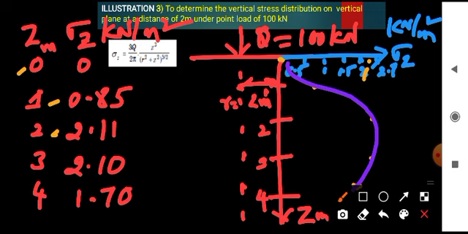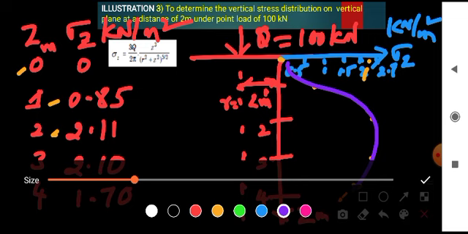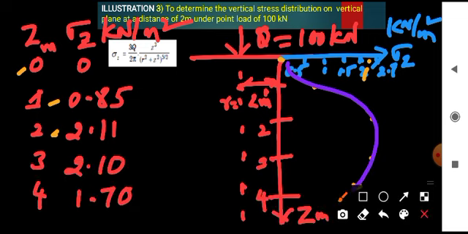Now the interesting things we are going to observe from this plot are, just see here, as we move to deeper depth, the influence of the applied load is going to diminish.